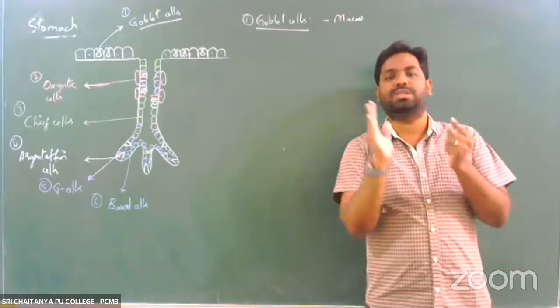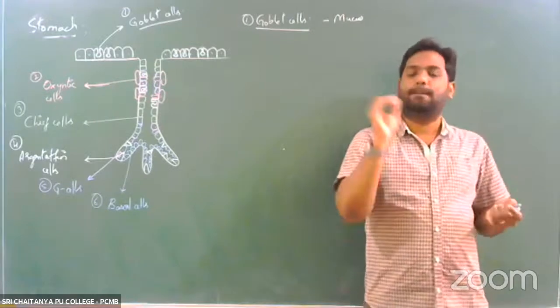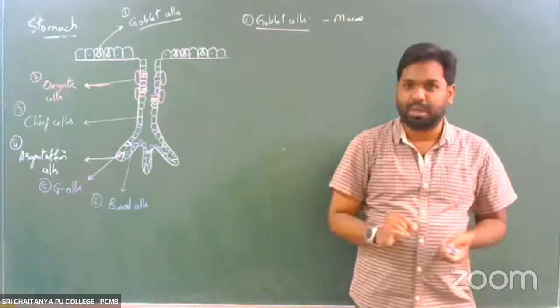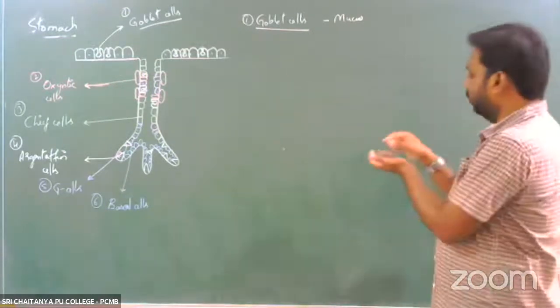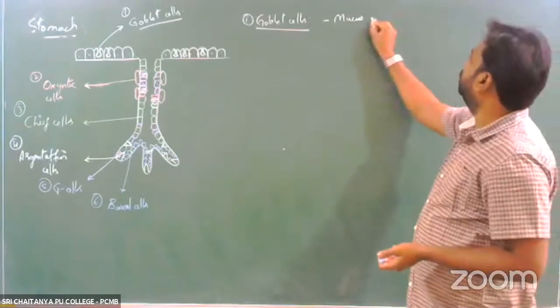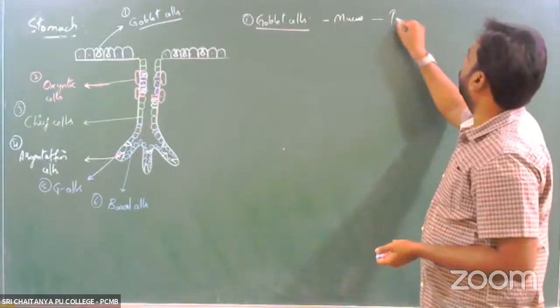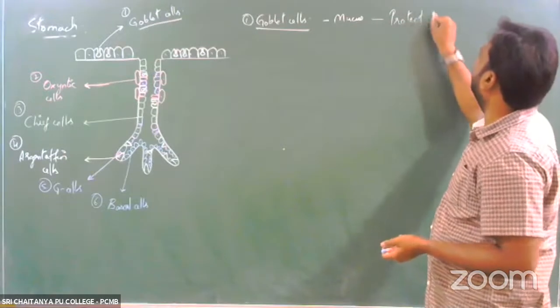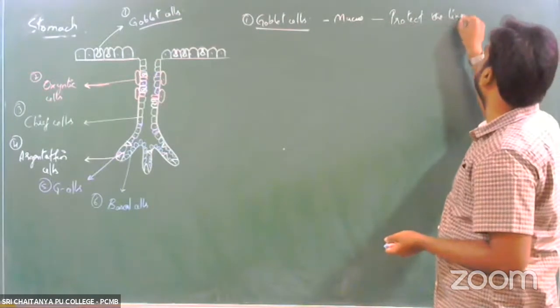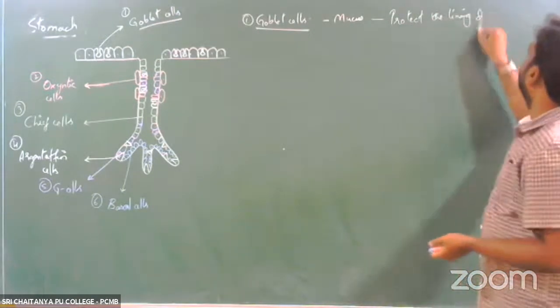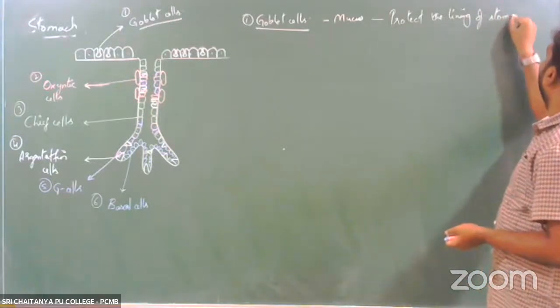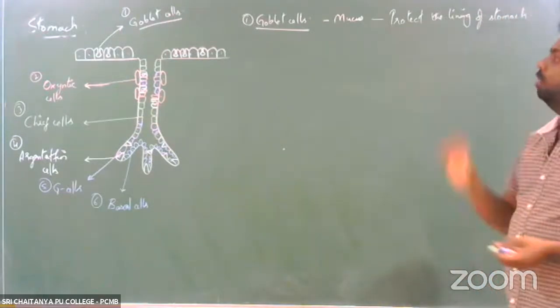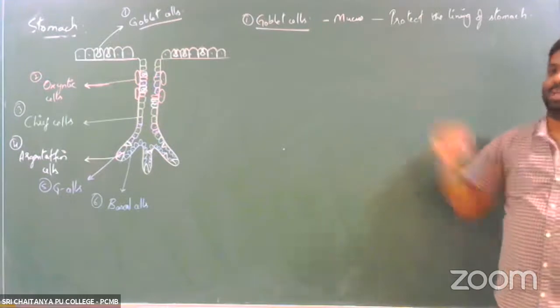The mucus secretion is mostly for protection. So the function of mucus is protection. It would protect the lining of the stomach.